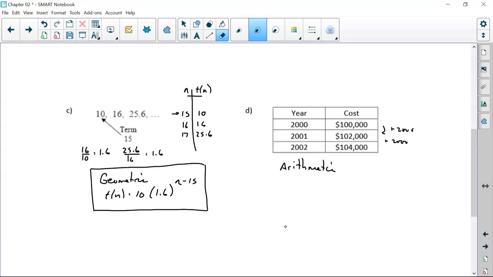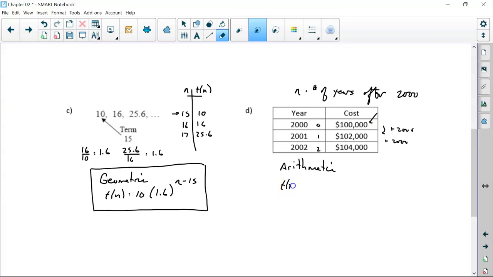I could go back and find the y-intercept, but since we're talking about years, what we're commonly going to do is call this year 0, year 1, and year 2, where n is the number of years after 2,000. This is going to make our lives a lot easier because now our starting point would be 100,000.